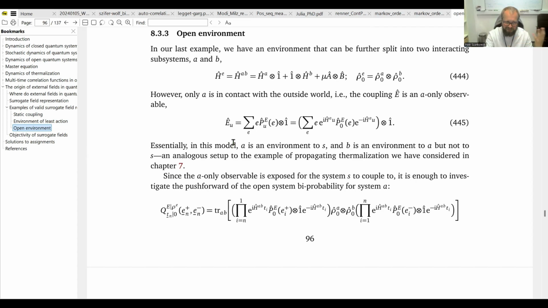And there is one more example, which is not listed here, but someone else showed it, there's a paper you can find describing it, where it's an environment that's chaotic. Okay, chaotic.